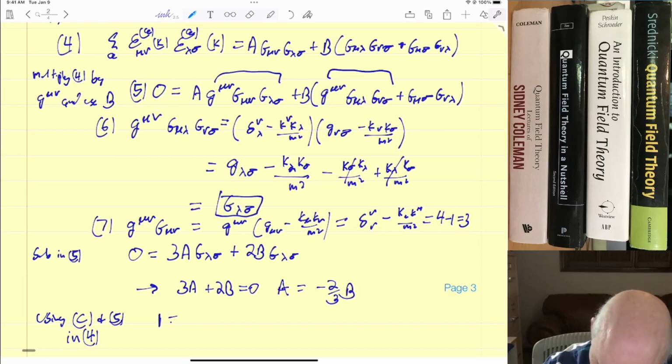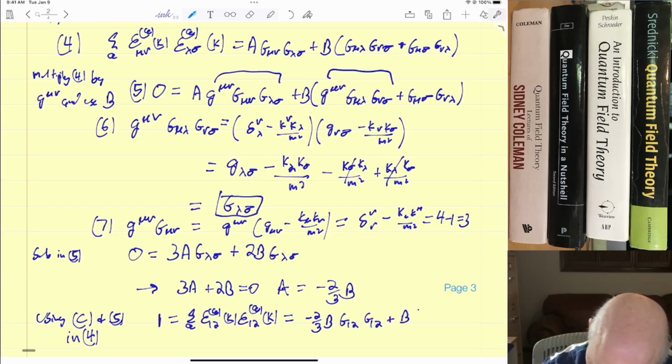So I'm going to get 1 is equal to the sum over A of epsilon 1, 2 A, k, epsilon 1, 2 A, k, and this is equal to minus 2/3 B G12 G12 plus B G11 G22 plus G12 G21. Okay.